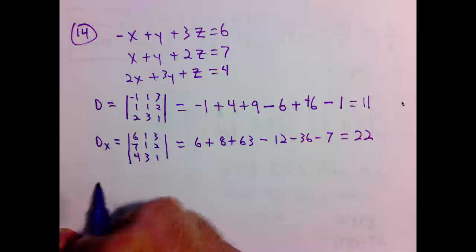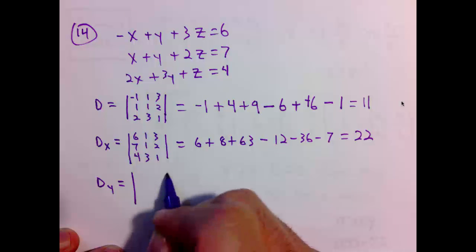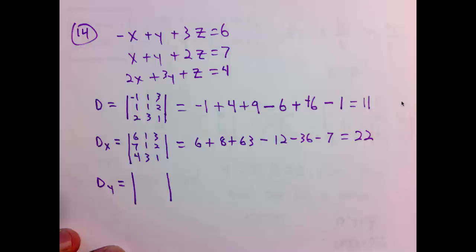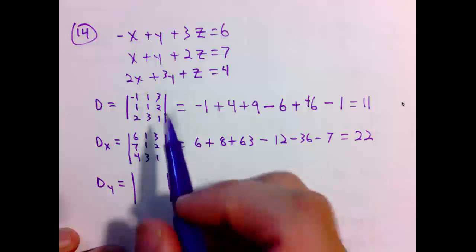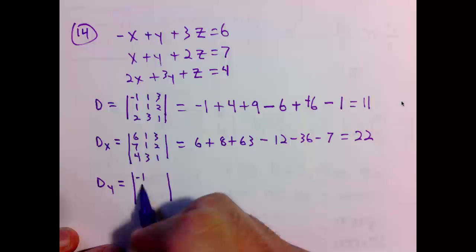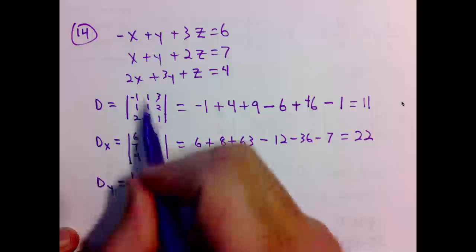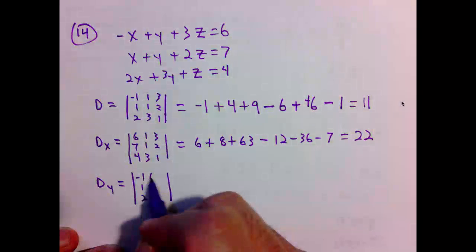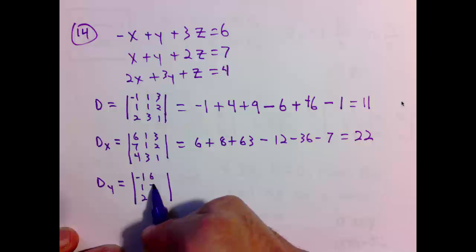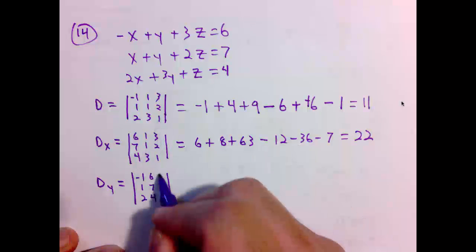Okay, now I want Dy. The x stays the same, negative 1, 1, 2. The y, we will change to the equal-to part, 6, 7, 4. And the z stays as 3, 2, 1.